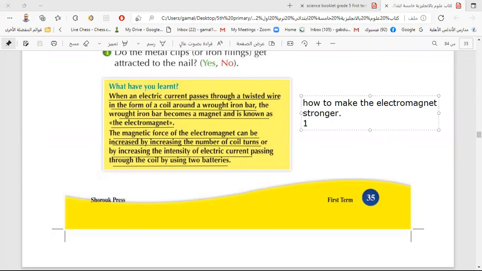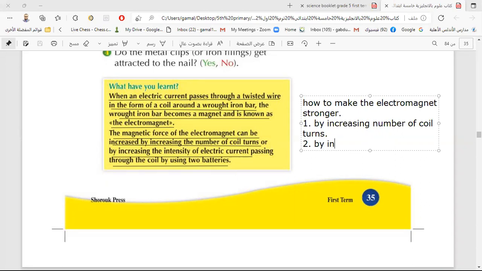Number one, by increasing the number of coil turns. And also, number two, by increasing the number of batteries.